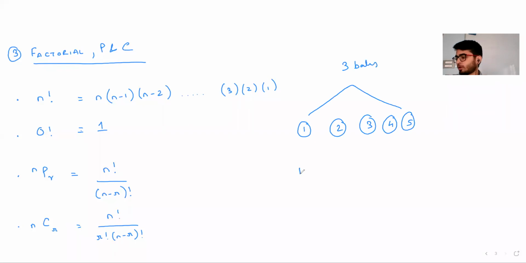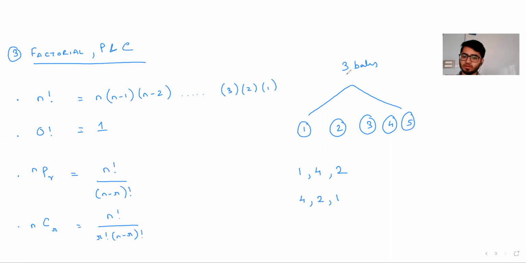So first I select ball number 1, then ball number 4, and then ball number 2. In another try, first I select ball number 4, then ball number 2, and then ball number 1. Although the combinations are the same, the orders in which they were selected are different. So nPr basically gives us the total number of different selection possibilities where order is important, where we are selecting r objects among a total of n objects. So here we have 5 balls in total, and we need to select 3.